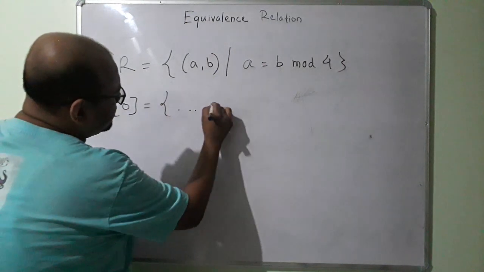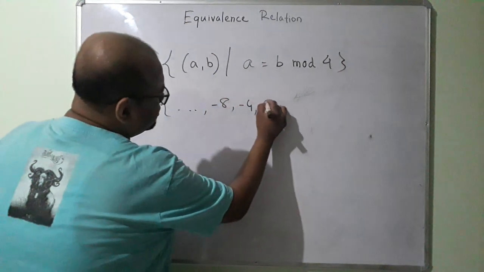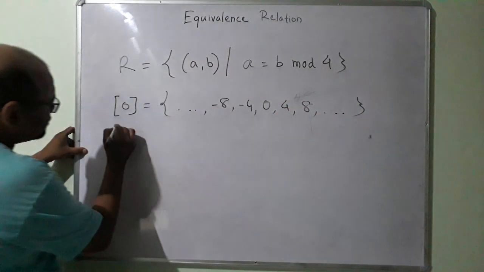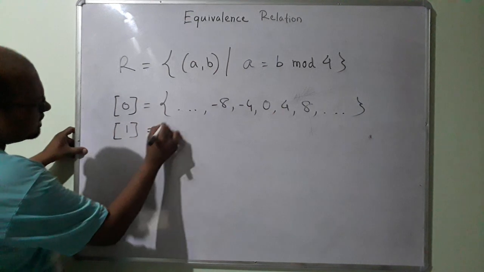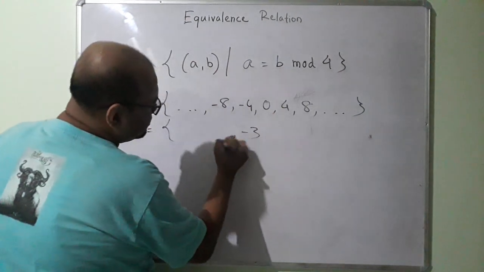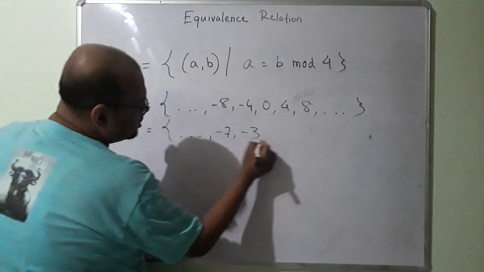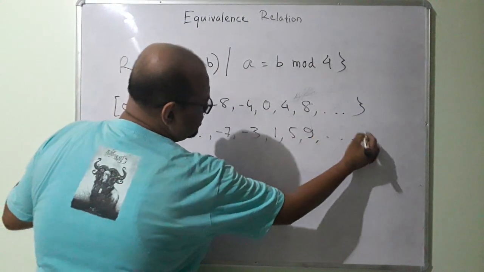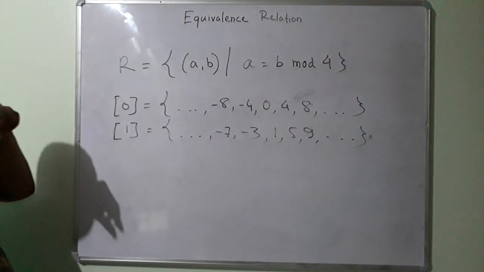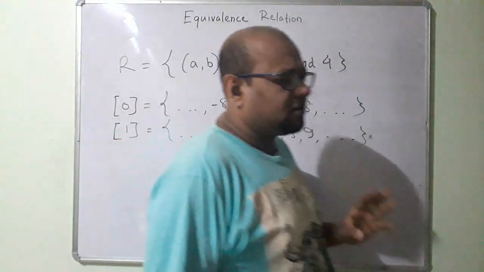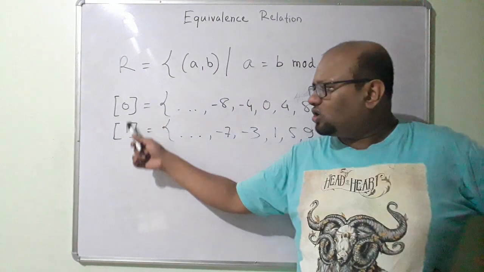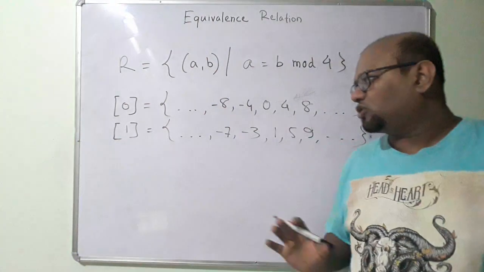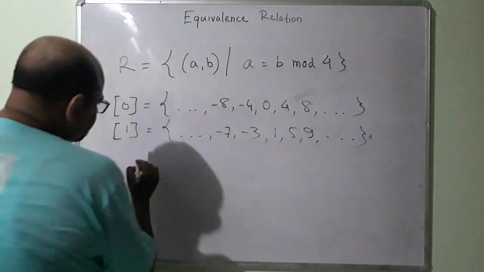It had -8, -4, 0, 4, 8 and so on. We saw the equivalence class of 1. It had -3, -7 and so on, 1, 5, 9 and so on. So we saw these two equivalence classes. What other equivalence classes are possible over here?